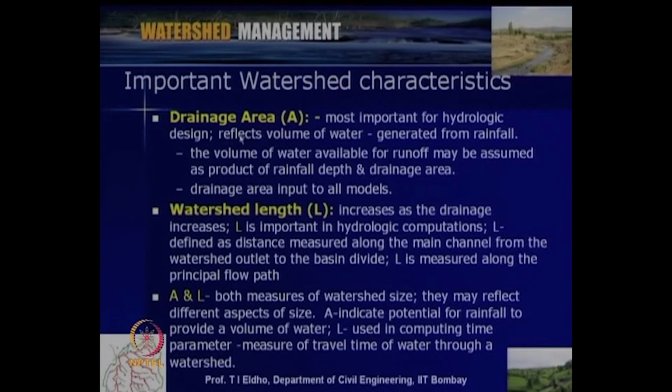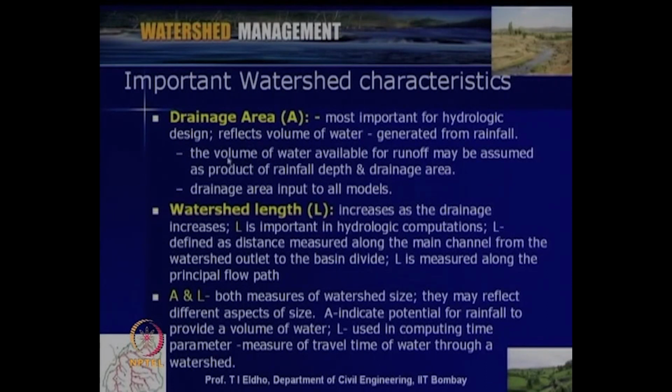This drainage area reflects the volume of water generated from the rainfall. For example, if 100 mm of rainfall takes place within a watershed, we can identify how much volume of water is available by considering the drainage area.